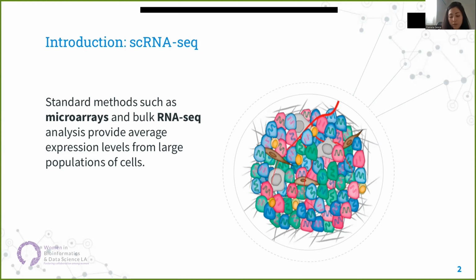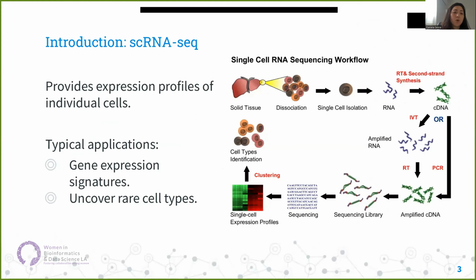So if you have mixed populations of cells with different cell types or states, we will not appreciate those differences. This is when single-cell RNA sequencing comes in. Cells are isolated, and then we sequence each cell individually. So what we finally have are expression profiles for each individual cell.